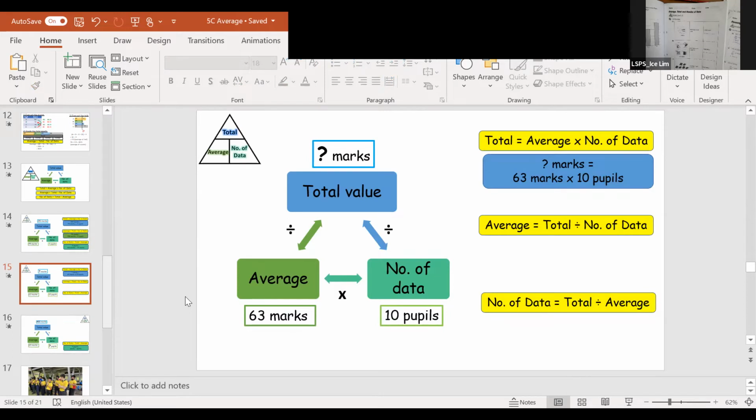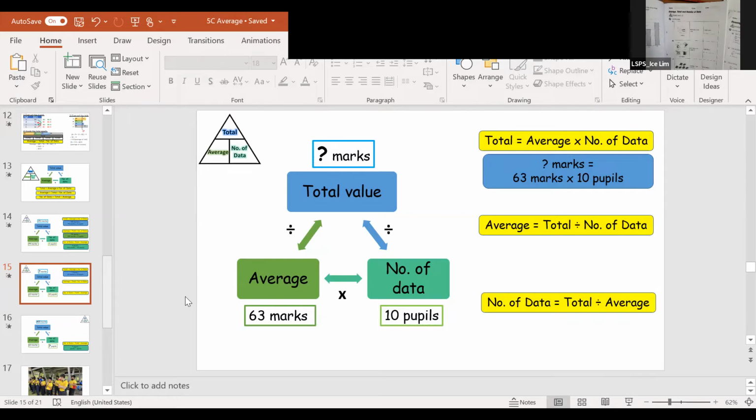Here, now I have the average. I said that there are 10 pupils. When I add up all their marks and then share out their marks evenly, the average of these 10 students is 63.